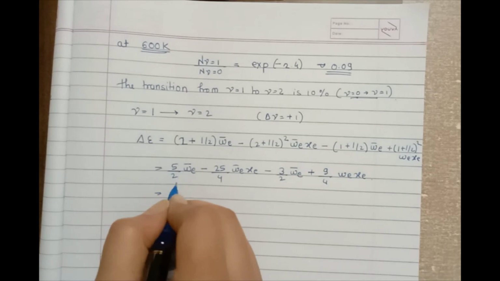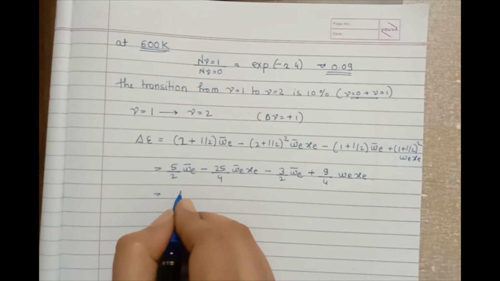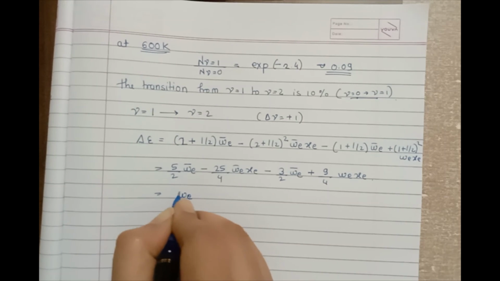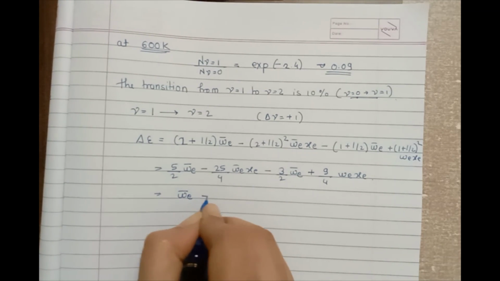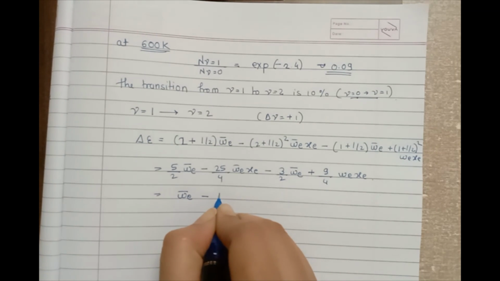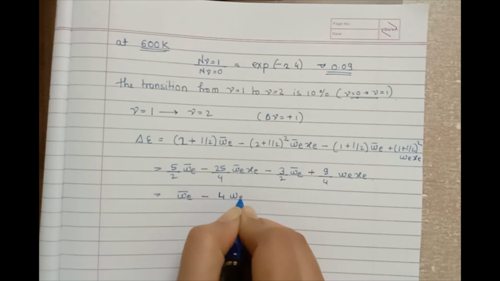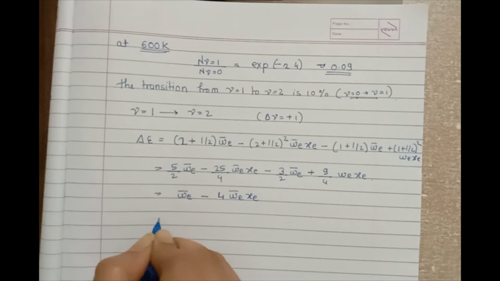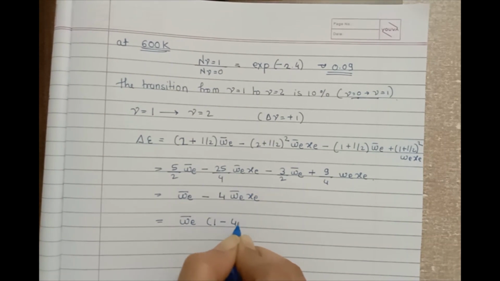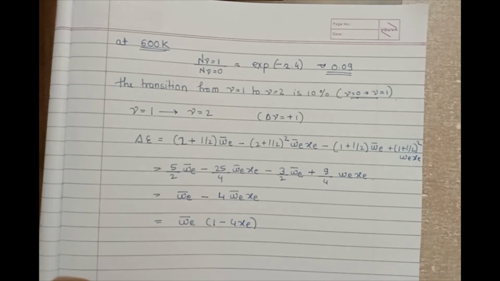So now we know that 5 by 2 minus 3 by 2 is 2 by 2, that is 1 omega E, minus 25 minus 9 is 16, 16 by 4 is 4 omega E xe. So taking omega E common, what remains is 1 minus 4 xe.